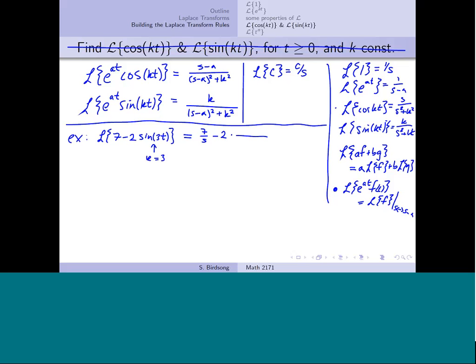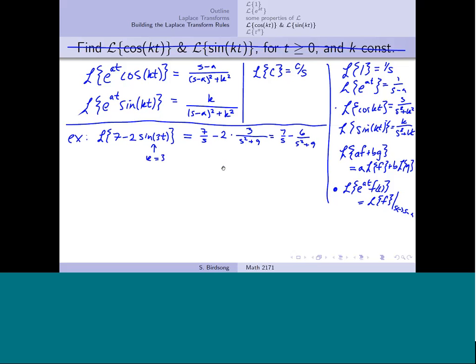So our k here equals 3. The bottom of either a sine or a cosine is going to be s squared plus k squared. So that's s squared plus 9. And since it's sine, you're going to have the k up top. So our k was 3. So if you wanted to clean this guy up, this would be the same as 7 over s minus 6 over s squared plus 9.